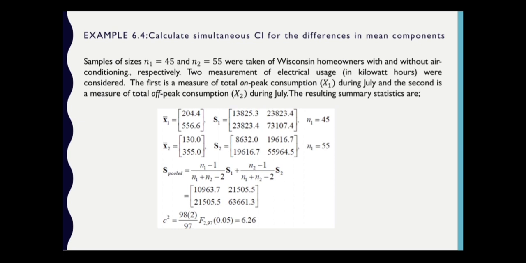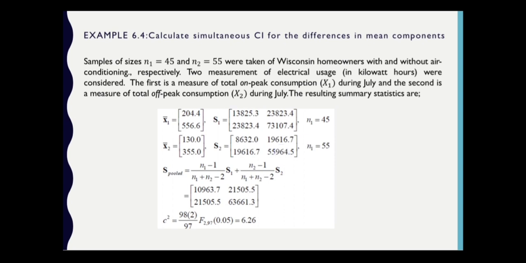Okay, so ini adalah variance covariance for the first population and second population. So here adalah variance for the first variable, variance for the second variable, of first population. Here variance for first variable for second population, variance for second variable for second population.